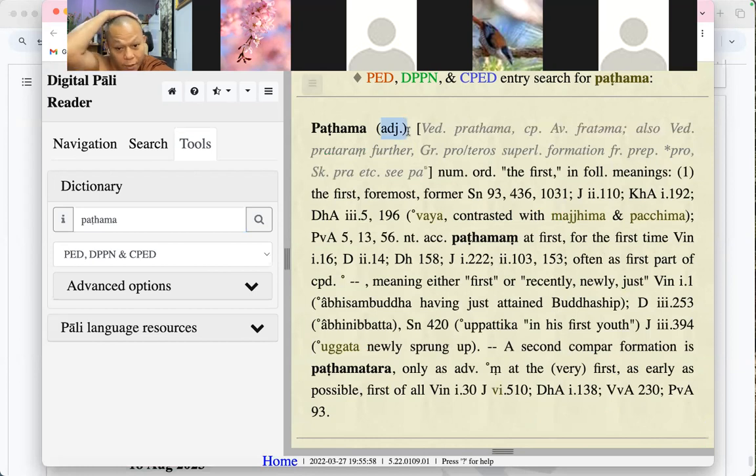We should not say that ma is added to pata or something like that. Just patama is patama, the original word without a suffix added. Yeah, I see. Thanks, Bante.